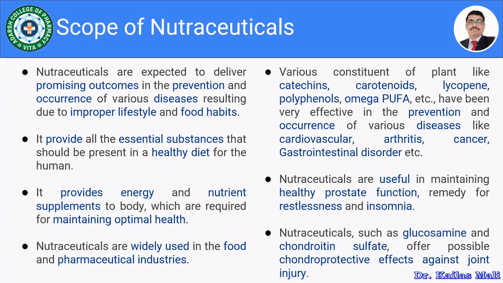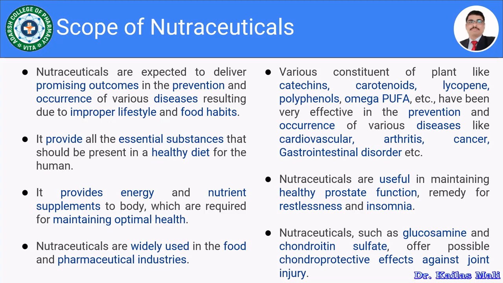Various constituents of plants like catechins, carotenoids, lycopenes, then polyphenols, omega free fatty acids, and so on have been very effective in the prevention and occurrence of various diseases like cardiovascular diseases, arthritis, cancer, gastrointestinal disorders, and so on.